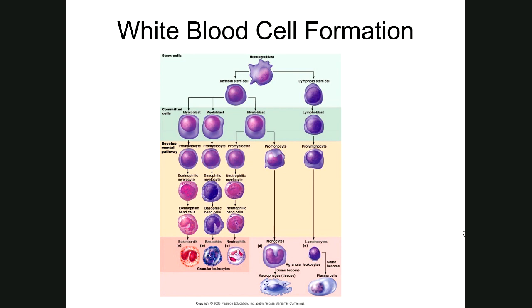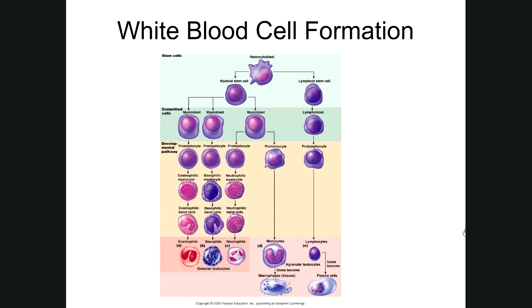Around 5,000 to 10,000 per cubic millimeter of blood, quite a bit fewer than the red blood cells, but they have a different function. Their function is your immune system to keep you free of bacteria and keep you healthy.